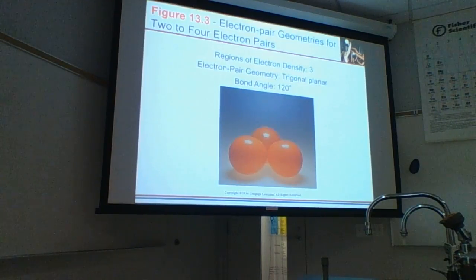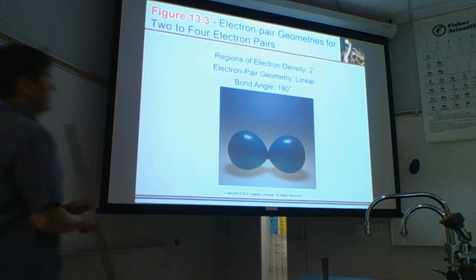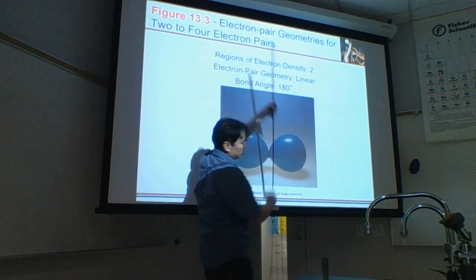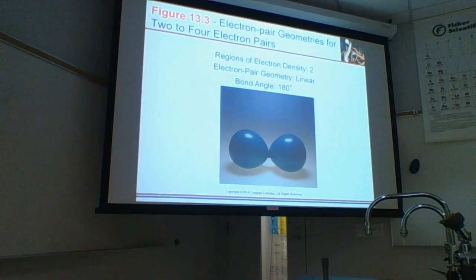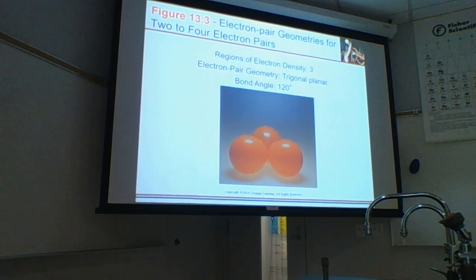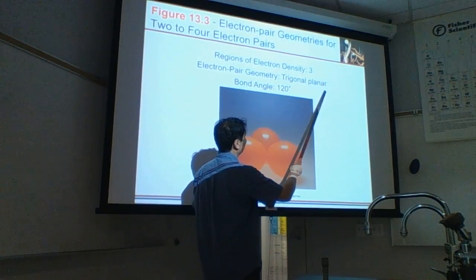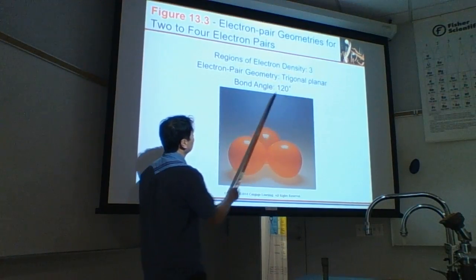With three balloons, obviously the third balloon's going to come in here. The third balloon comes in here, it's going to push these two balloons down, obviously. And so what type of geometry will it adopt? What do we call that geometry? Trigonal planar. Planar, P-L-A-N-A-R. Trigonal planar.